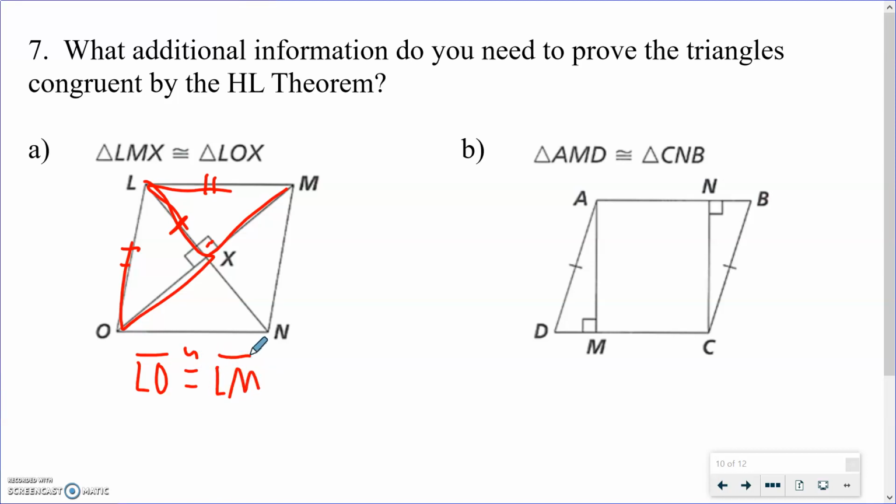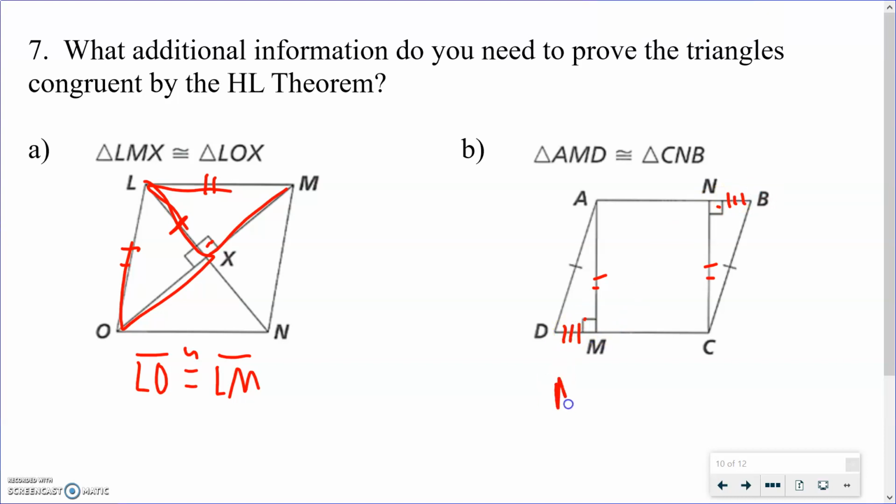Okay? On this next diagram, we have right angles here, and we have the hypotenuse of those triangles, but we would need to know legs. So we would either need to know that AM and CN are congruent, or we would have to know that NB and DM are congruent.